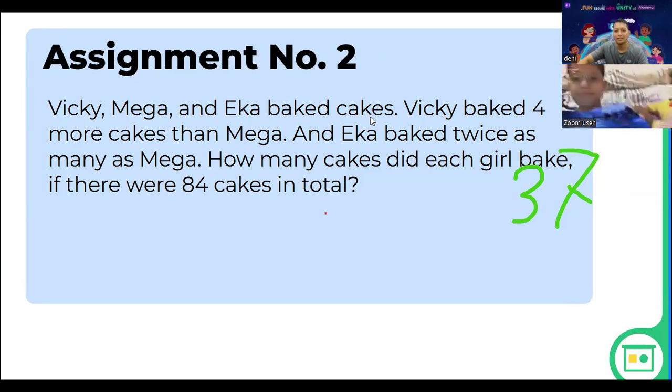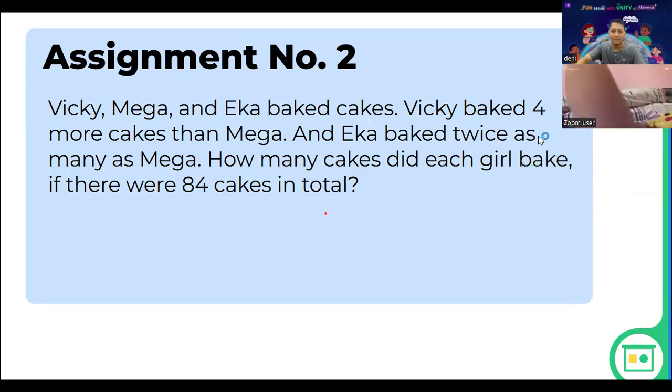Vicky, Mega, and Eka baked cakes. Vicky baked four more cakes than Mega, and Eka baked twice as many as Mega. How many cakes did each girl bake if there were 84 cakes in total?